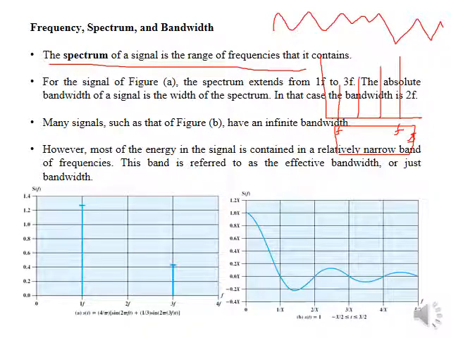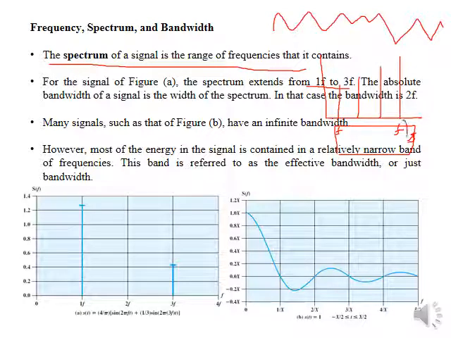For the signal of figure A, the spectrum extends from 1f to 3f. From the figure you can see there are 3 signals: 1f, 3f, and 2f is absent. So this is the spectrum, 1f to 3f.